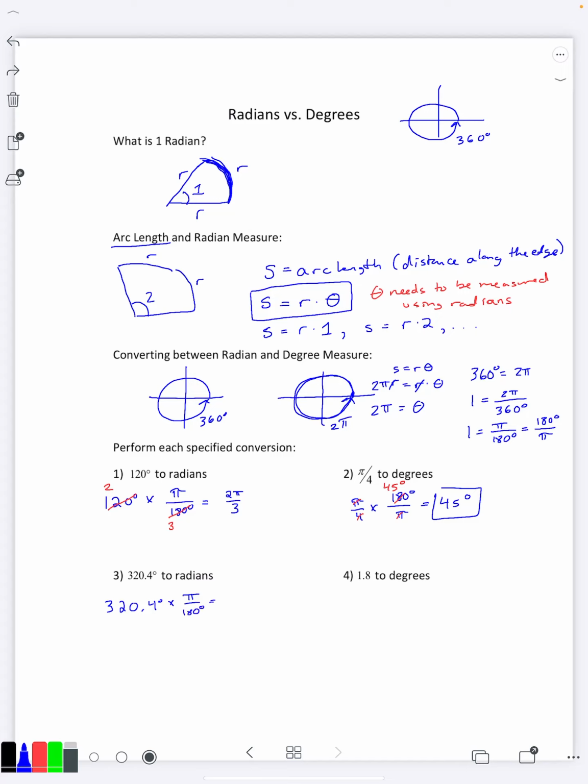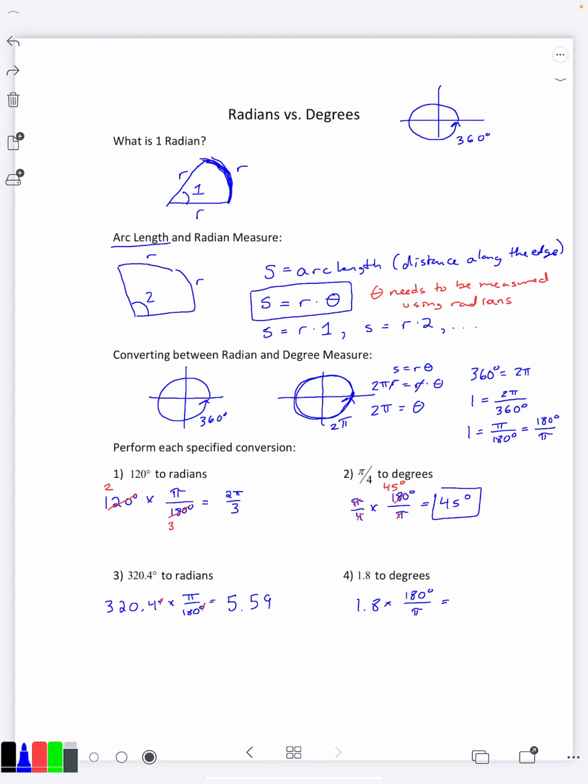If I go ahead and do this in my calculator here, 320.4 multiplied by the number pi divided by 180. The only thing that cancels this time is the degree symbol, and we're left with 5.59 radians. On the other hand, over here we have 1.8 radians multiplied by 180 degrees over pi.